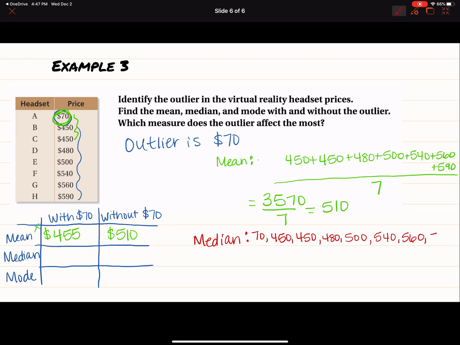And since it's my middle value and I have an even number, I have 8 things, I'm going to divide this in half, where I have 4 on each side. And I'm going to have to find the mean of these 2 values to get my median. So 480 plus 500, and I'm going to divide that by 2 because there are 2 of them. And that will give me 490.